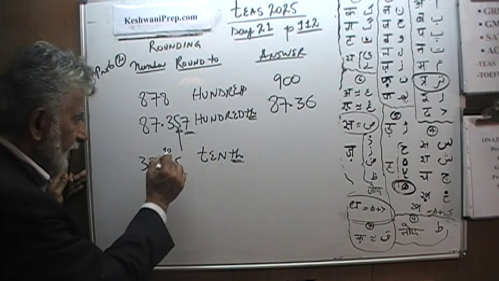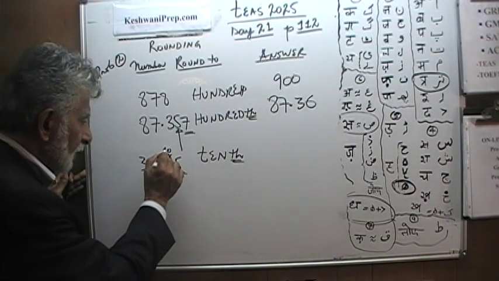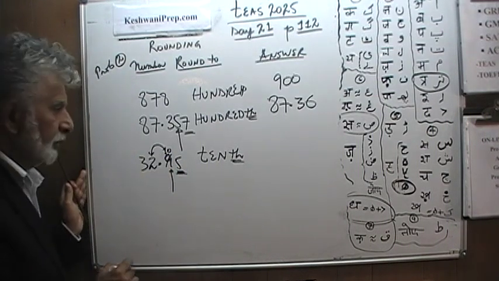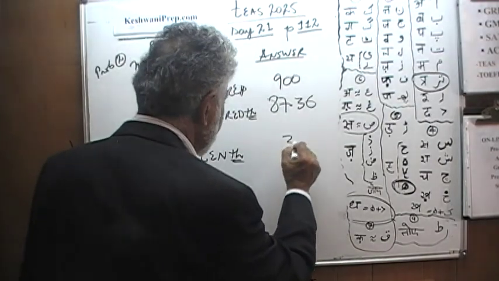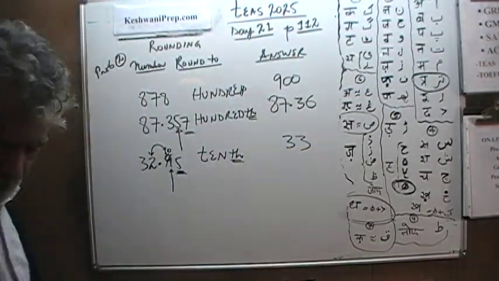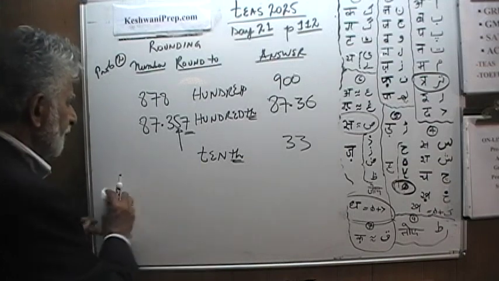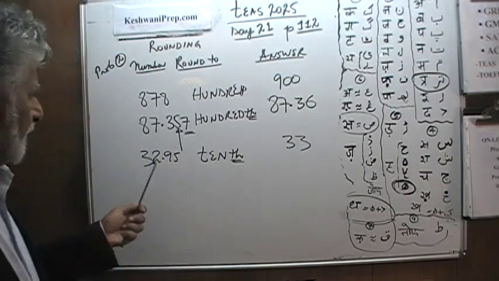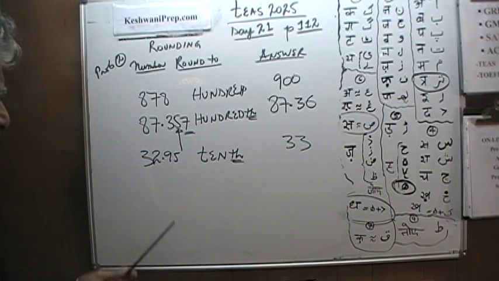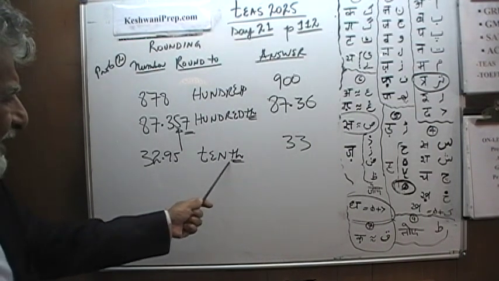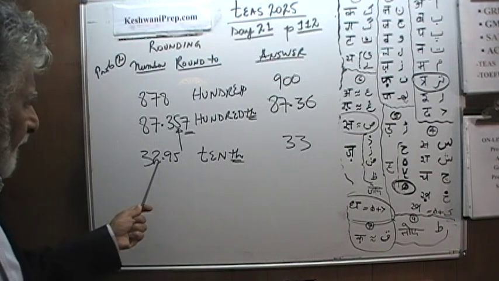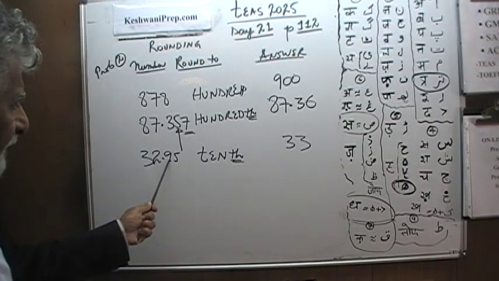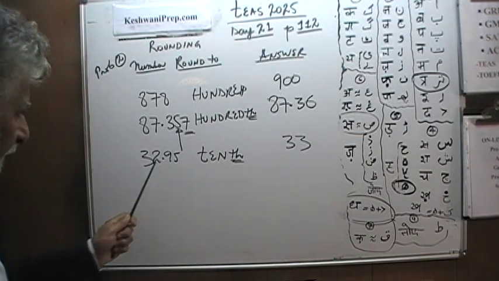But when it becomes 10, this digit will become 0 and it will become 33. You can clearly see that 32.95 becomes 33, even though they're asking us to round to the nearest tenth, because this 9 turns into a 10.